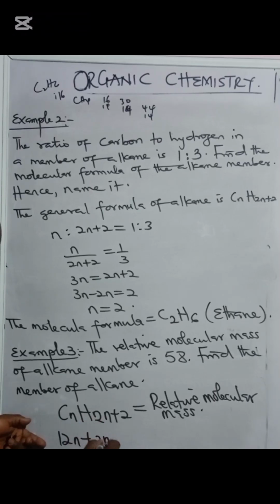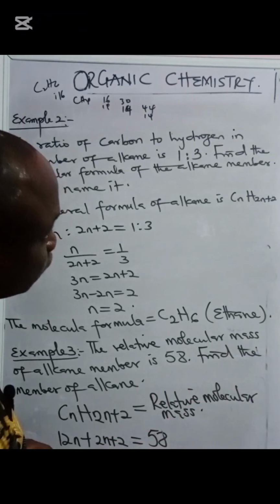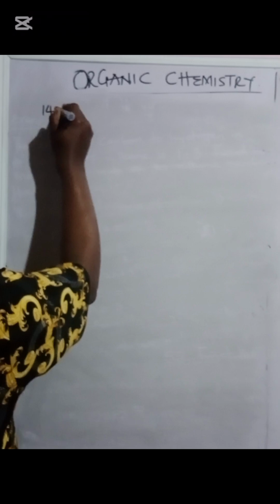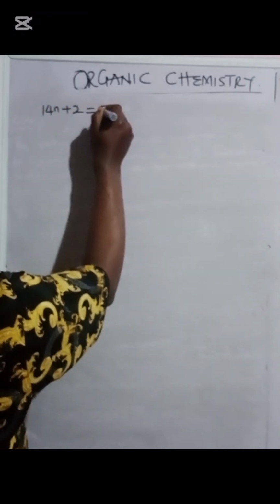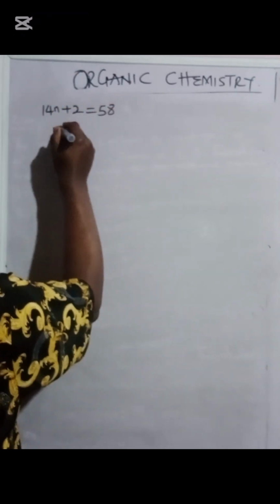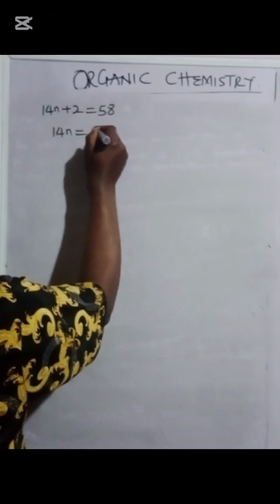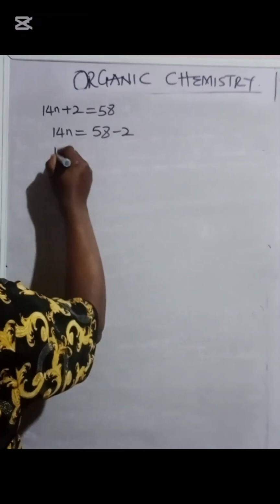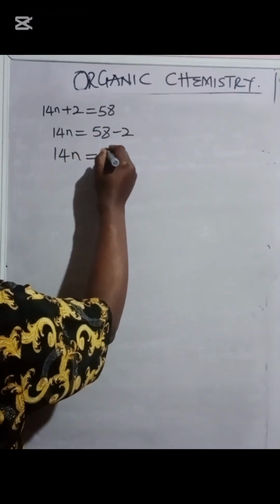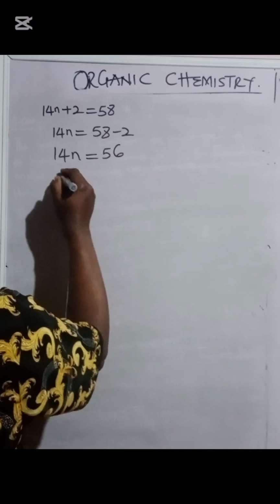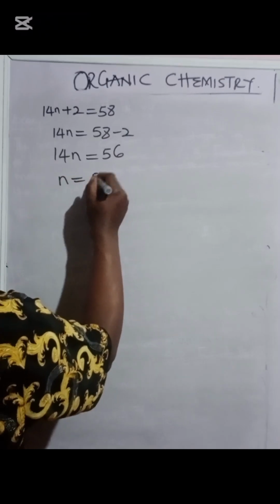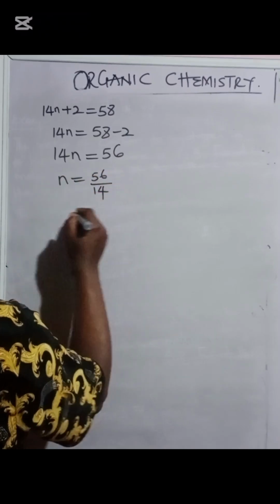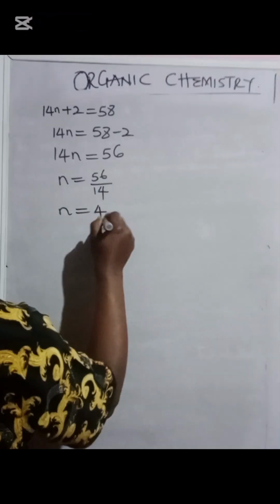This is equal to 58. So 14n plus 2 is equal to 58. 14n is equal to 58 minus 2, so 14n is equal to 56. n is equal to 56 divided by 14, so n is equal to 4.